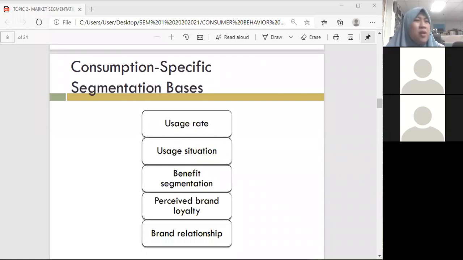Maybe we have fan loyalty, for example Telekung Siti Khadijah. For non-Muslims who do not know, a telekung is the praying clothes for women. So for example, they use the Siti Khadijah brand. Once they feel satisfied using this brand, they will use it forever, and they get perceived brand loyalty towards it.